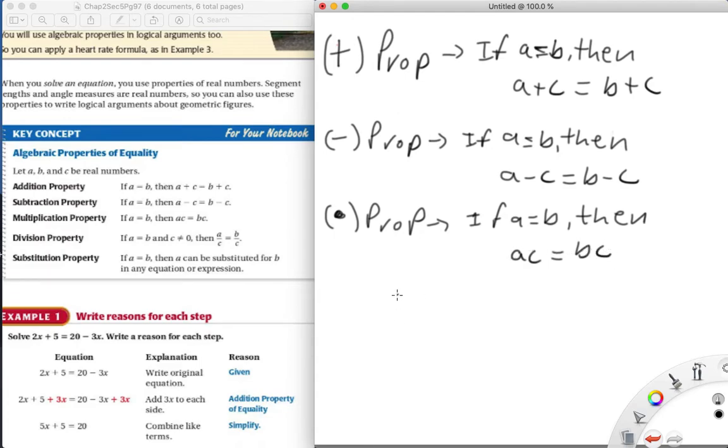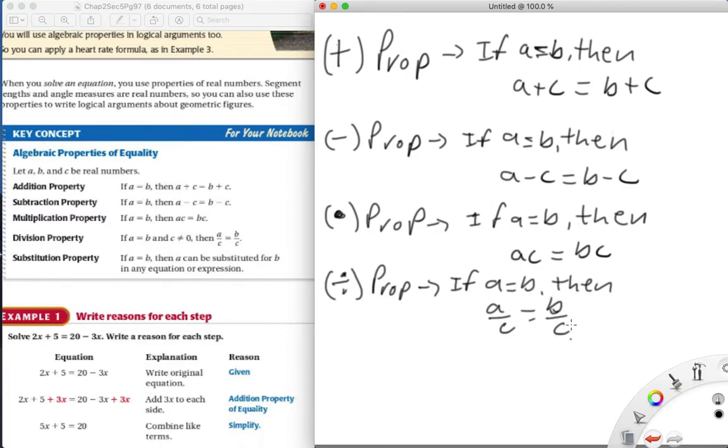Now the division property of equality. If A equals B, then A divided by C is equal to B divided by C. That's just saying if I add the same thing to both sides, it's going to stay equal.